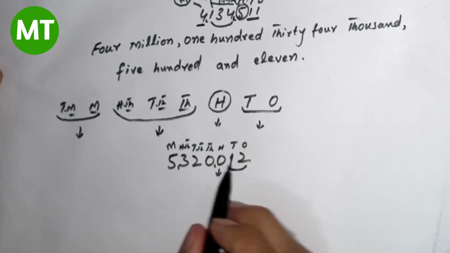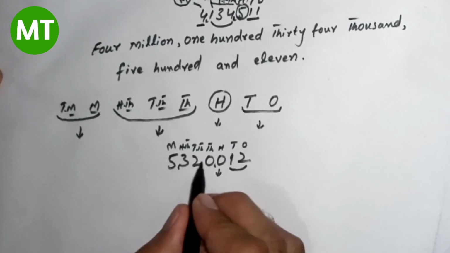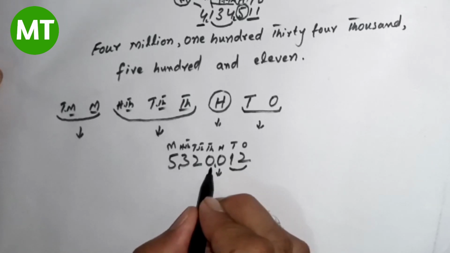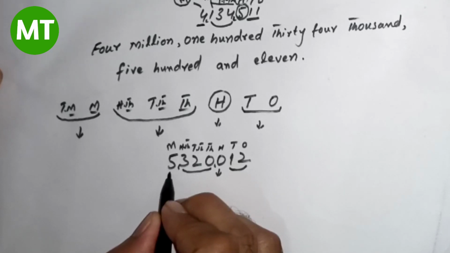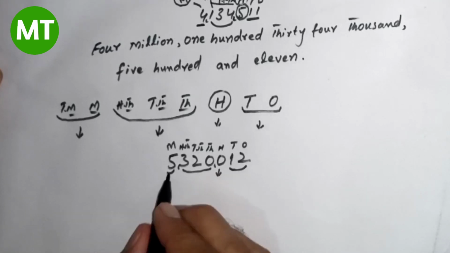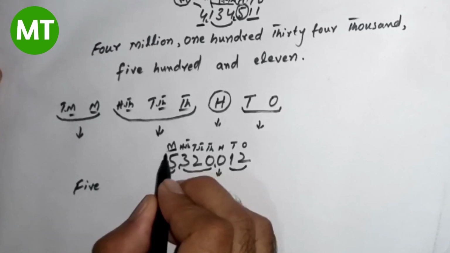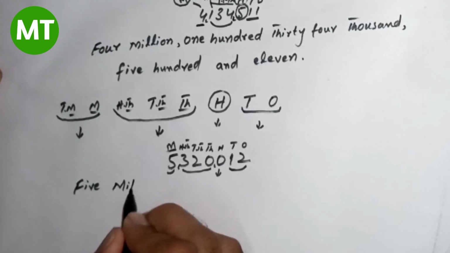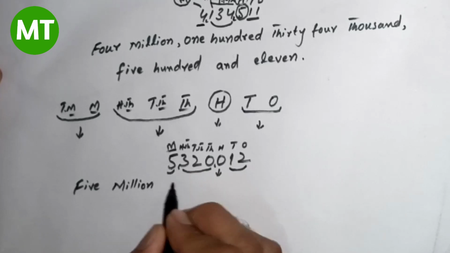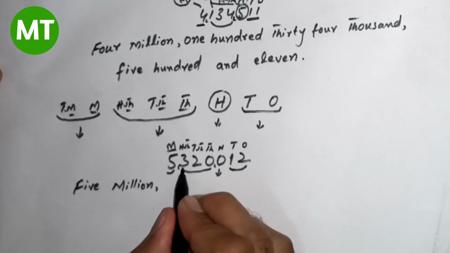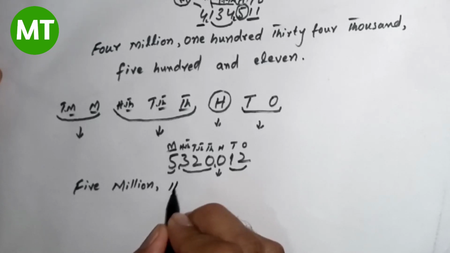If we put a comma, then it will be very easy for us. So we will write these three numbers together, and as we know that a single digit belongs to the million category, first we will write 5 and then its place value, million. Then we will put a comma.